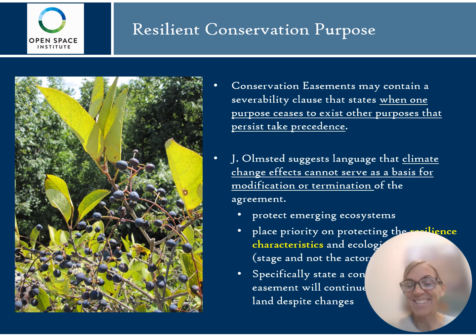So really to hang our hat on protecting the stage rather than the actors in our conservation easements. And then also really to specifically state that the conservation easement will continue to serve its purpose despite land changes over time.